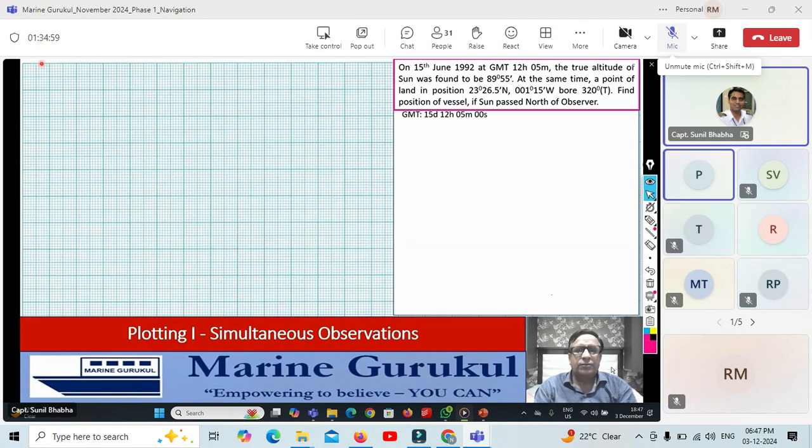Now, first we need to get the GP of the sun to be able to get the PC, because when you have a PC by high altitude celestial observation, then the center of the PC is the geographical position of the body on the surface of the earth, and the radius of the PC is equal to TZD. And what is geographical position of a body? It is linked to its declination.